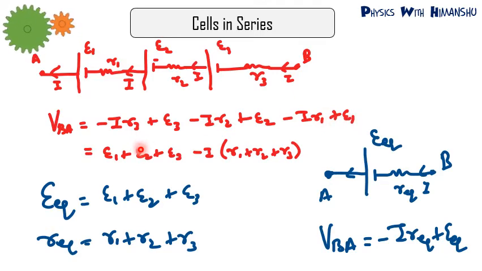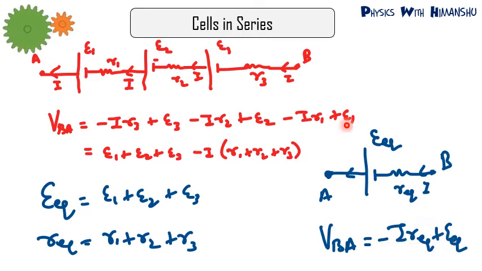So what we'll do is separate the EMF: E1 plus E2 plus E3 minus I times (R1 plus R2 plus R3). Now suppose we combine all these three cells and make a single cell of equivalent EMF E equivalent and equivalent resistance R equivalent, and current is I. We can write VBA equal to minus I R equivalent plus E equivalent.